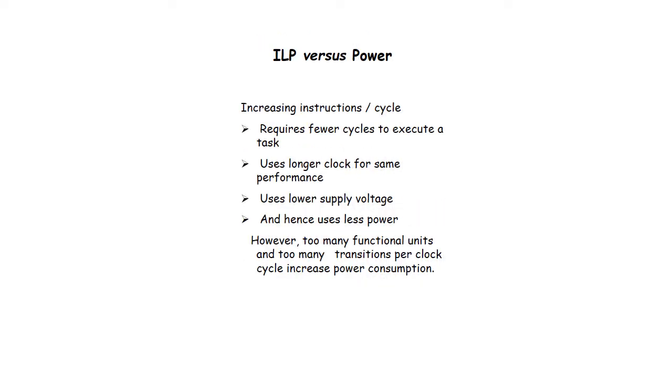Next, ILP versus power. Increasing the instructions per cycle requires fewer cycles to execute the task. So it uses a longer clock period for the same performance, and also a lower supply voltage, hence it uses less power.